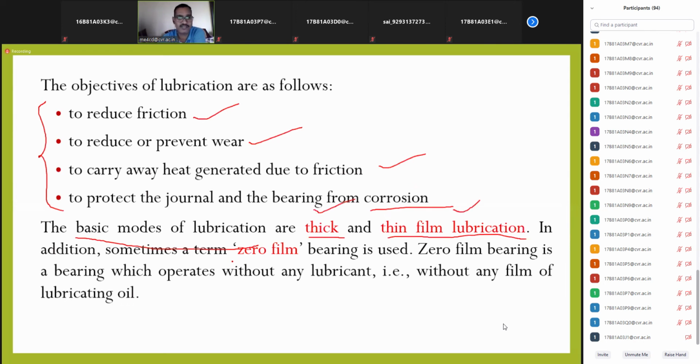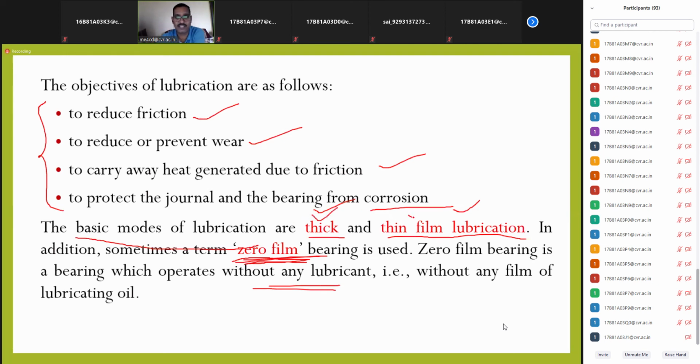Sometimes we can call it zero film. Zero film in the sense there is no lubrication between the components, so a zero film bearing operates without any lubricant. There is no film, so zero.